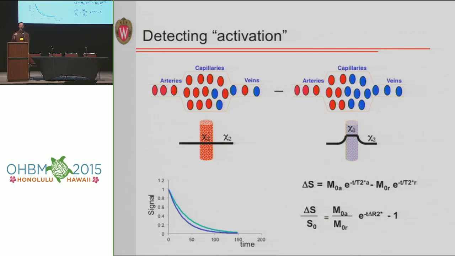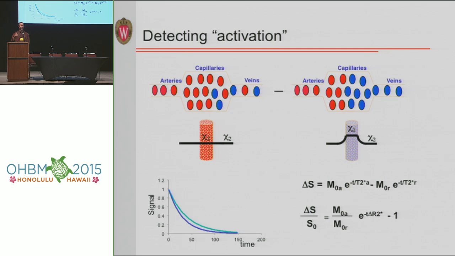In the diagram below it, you see some gradients around the blood vessels, and as a result of that, we see the spins dephasing in an exponential decay. On the left is what happens when the area becomes active. The blood flow increases, and it increases much more than the demand for oxygen.